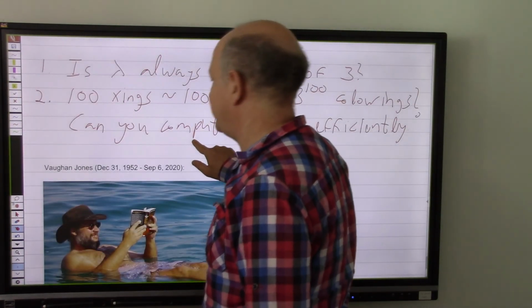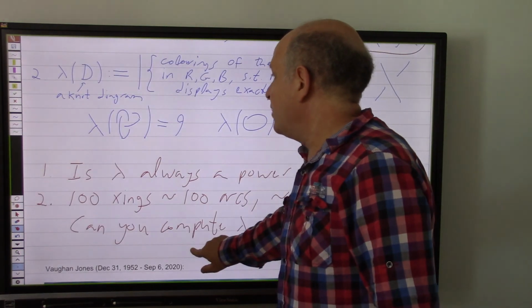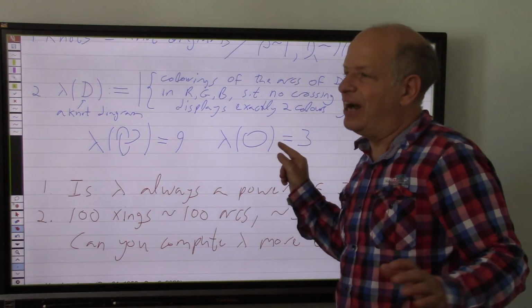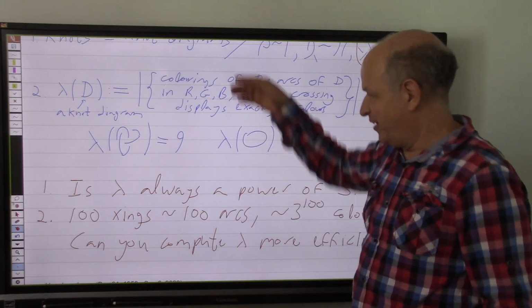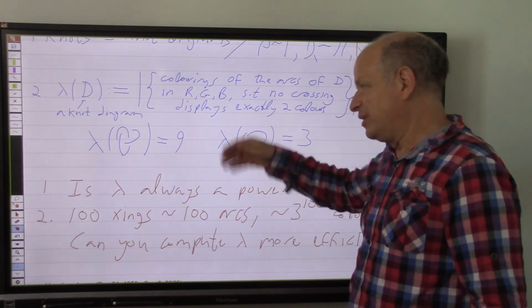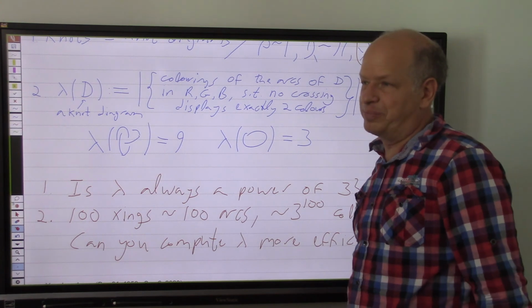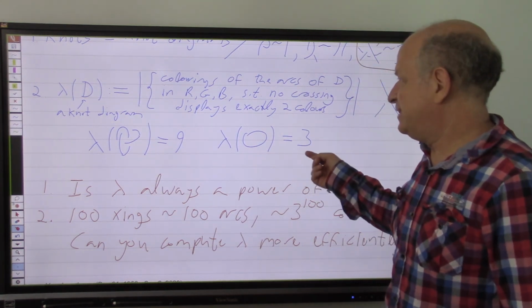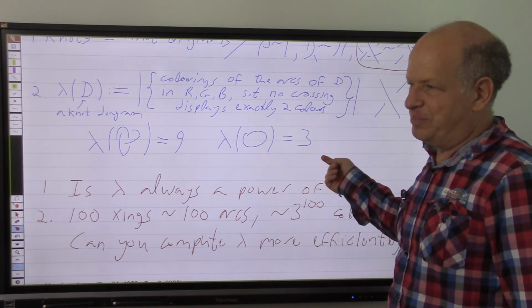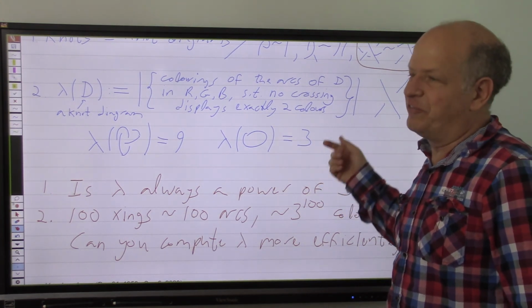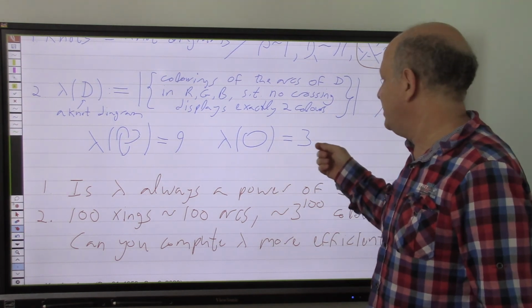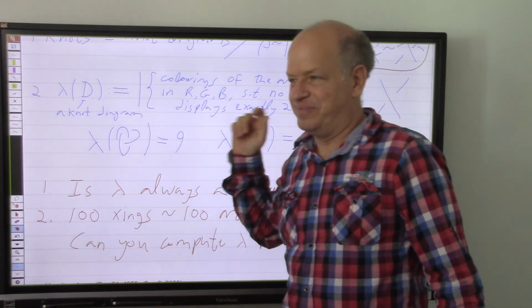Actually it's not promising. Okay, anyway, one further thing to say is that this is a horrible invariant. It's a lousy invariant, okay? These are good questions and we will look at it more because it has some good sides to it as well. But basically, for most knots, the vast majority of knots, the values are either 3 or 9.